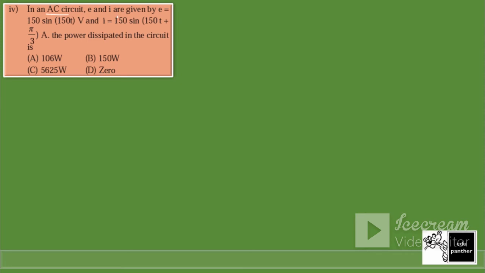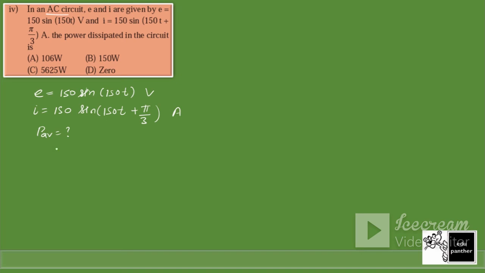In an AC circuit, E and I are given by this relation. E is 150 sin 150t volt, and the current is 150 sin (150t plus pi by 3). There is some extra phase angle in it, and the power dissipated, let's say the average power, we have to find out.